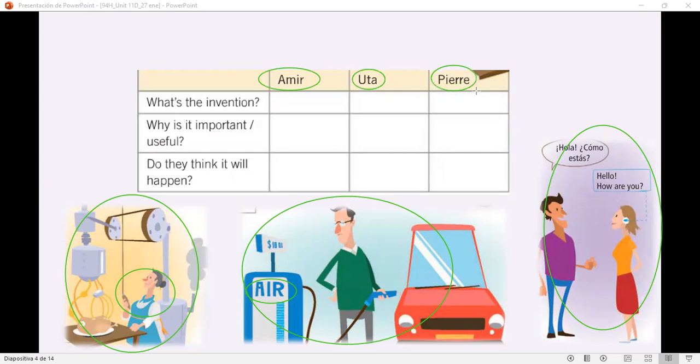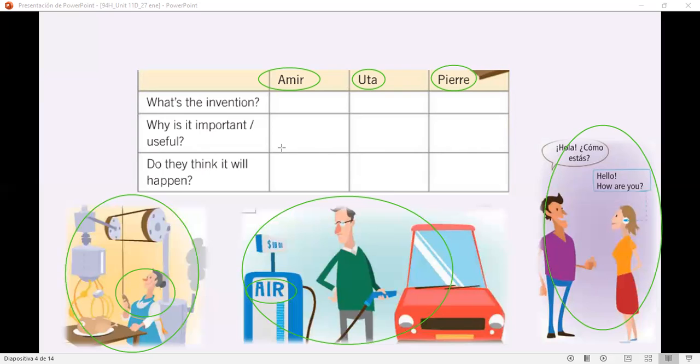You're going to be very careful in the listening, guys. You're going to listen about some inventions that may happen or not. So try to get what the inventions are, why they are so important or useful, and whether you think these inventions will happen. Okay, so just keep in mind to find these 3 important aspects.